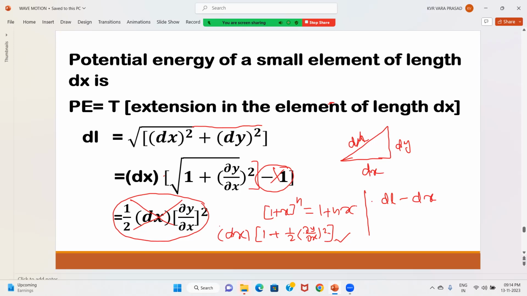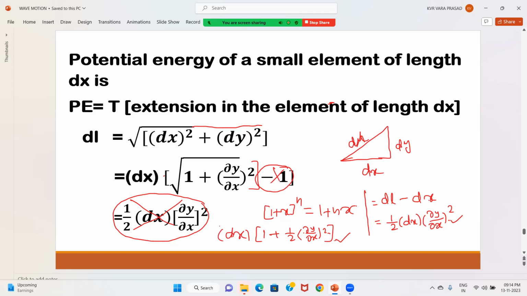Then we are going to get half dx into (dou y by dou x) whole square. Okay, that is now the elongation. Now tension into elongation.